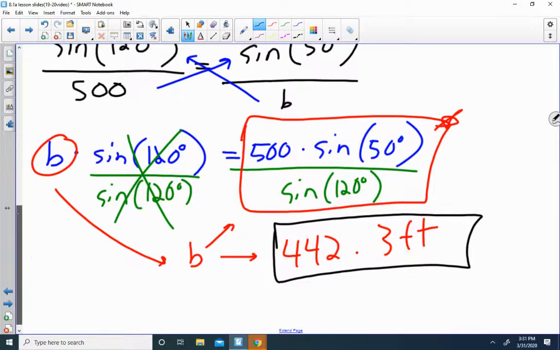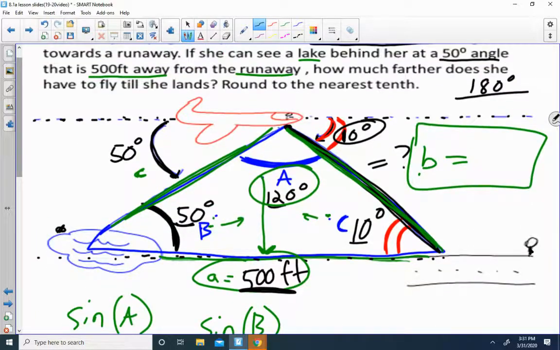Originally, yes, but look at the instructions. Round to the nearest tenth. Tenth means 1 decimal place. So your little b, or distance from the plane to the runway, will be 442.3 feet. So round to 1 decimal place for that example.